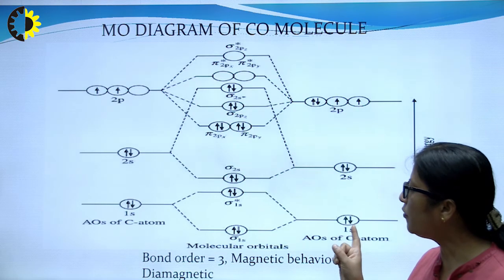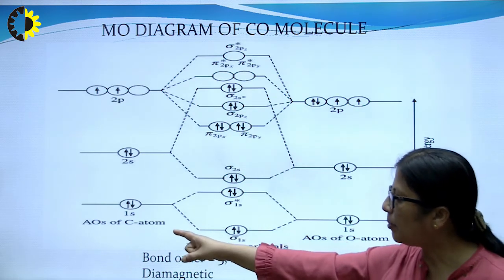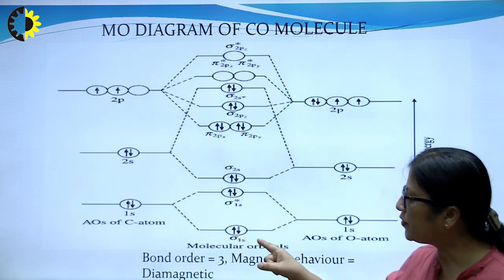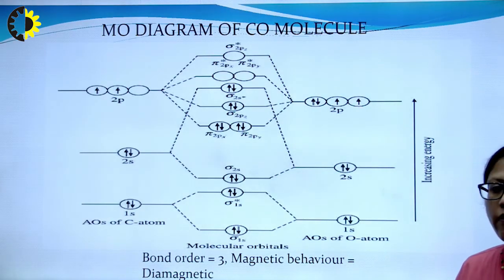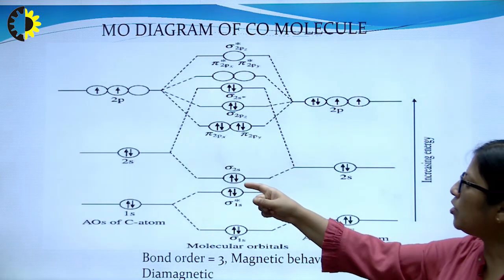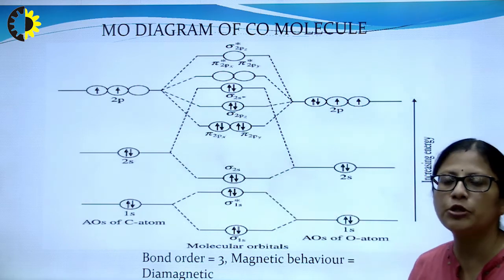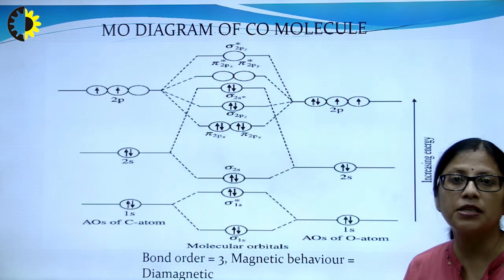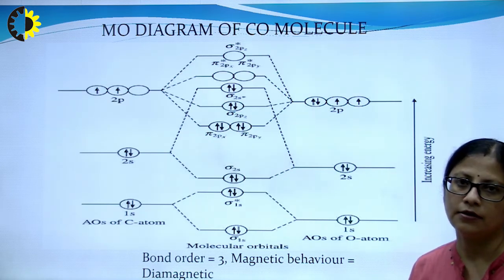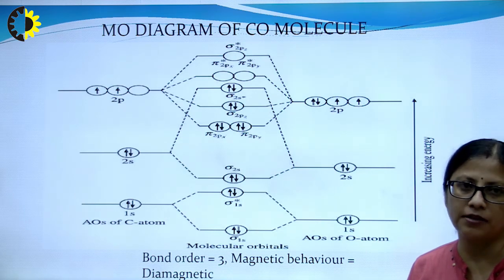So, 1s of oxygen combines with 1s of carbon, resulting in the formation of sigma 1s and sigma star 1s. Now, when 2s of carbon combines with 2s of oxygen, sigma 2s and sigma star 2s differ in energy more than was expected.